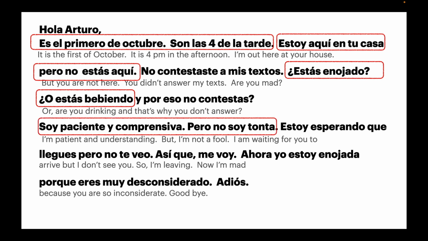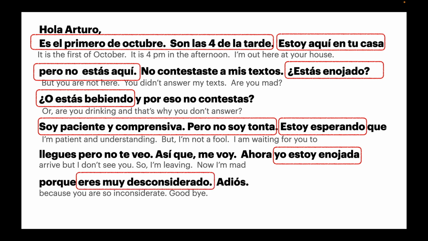Soy paciente y comprensiva, pero no soy tonta. Here we're using ser because we're talking about a person's traits, characteristics of her personality, so part of her identity. Estoy esperando, present progressive, I am waiting. Estoy enojada, back to estar because we're talking about an emotional state.